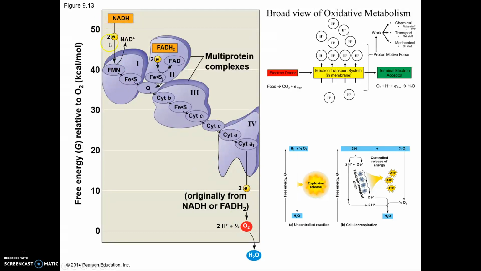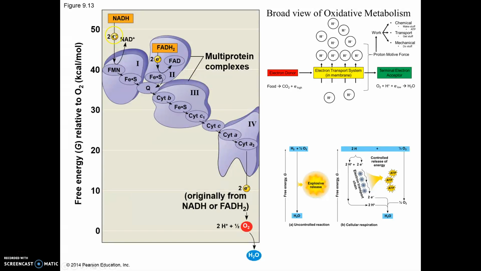What's going to happen is they're going to be passed through these large multi-protein complexes. Within these protein complexes, we have various groups that can become oxidized or reduced. Again, you do not need to know any of these. Okay, this is important just to give you perspective, right?